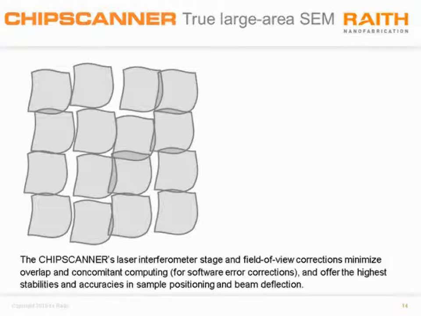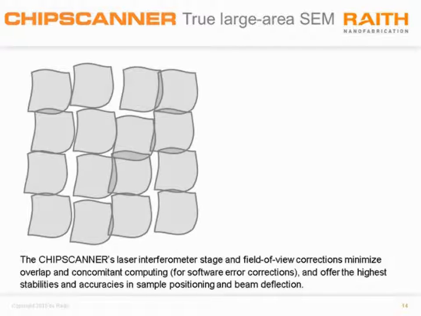So this is just a commonality among scanning electron microscopes. Also, mechanical stages for scanning electron microscopes are not really any more accurate than a few microns. And therefore, it's not possible to move the stage and stitch together these fields of view.